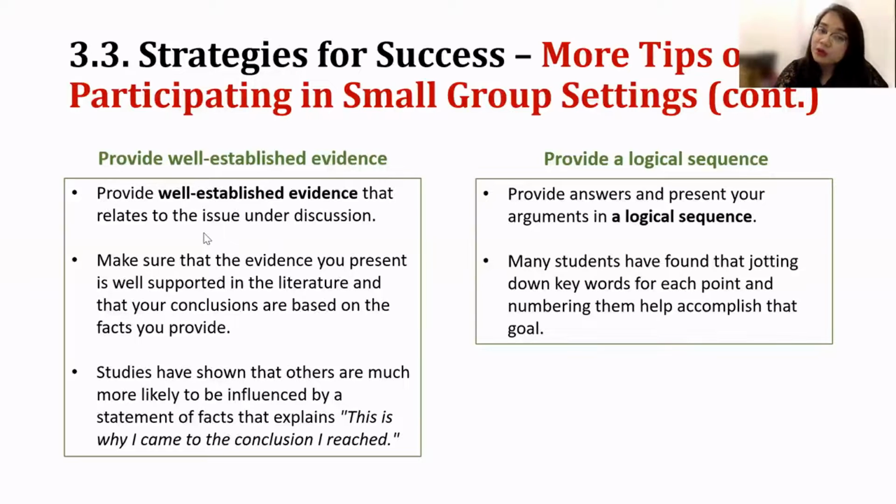So you can use your note. Number 1, what you need to say. Number 2, what you need to say, until number 5. So when it comes to the time when you have to present it, you can just easily follow your note. And when you are able to follow your note, you will be able to convey your opinions or your ideas in a logical sequence.